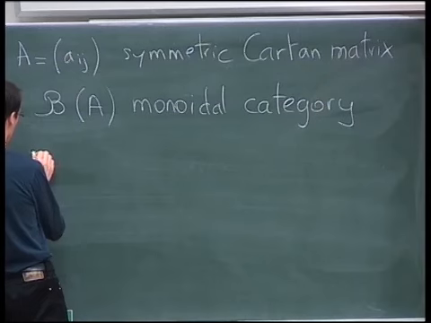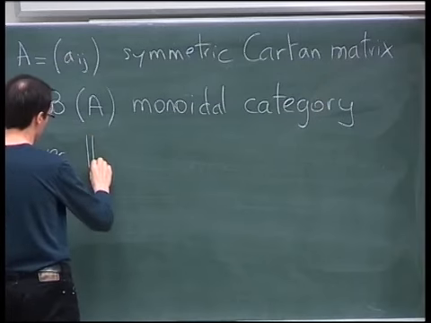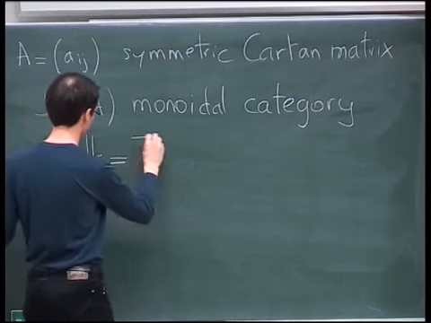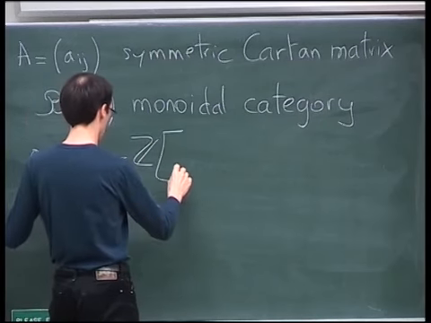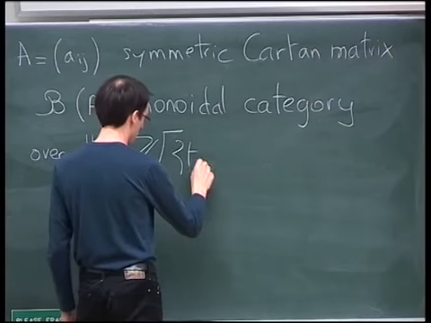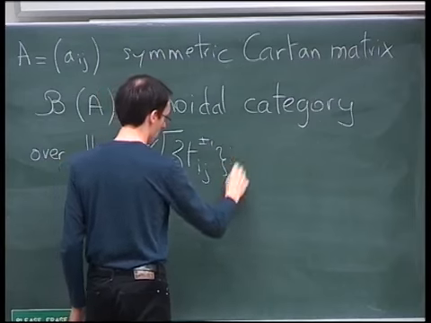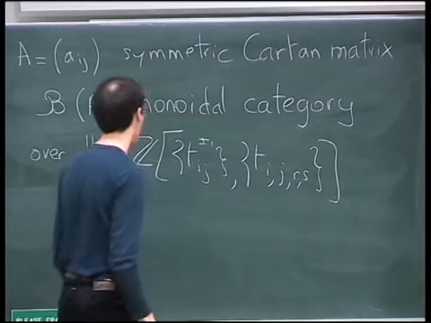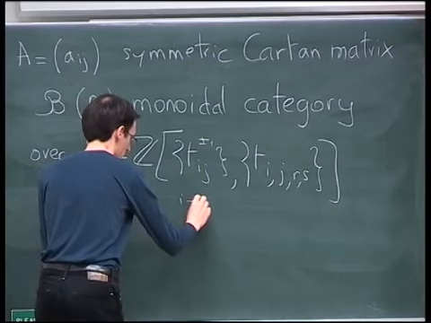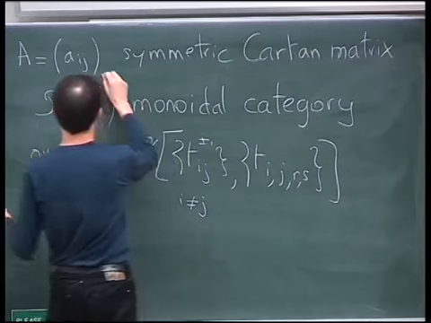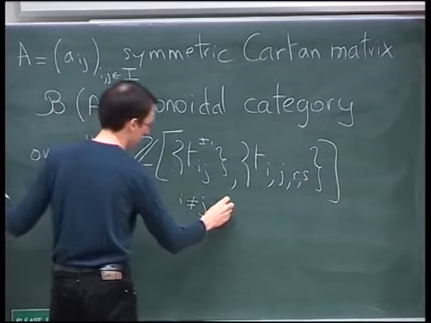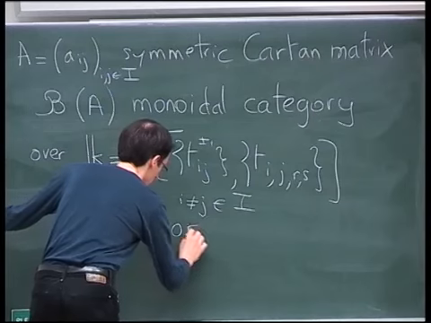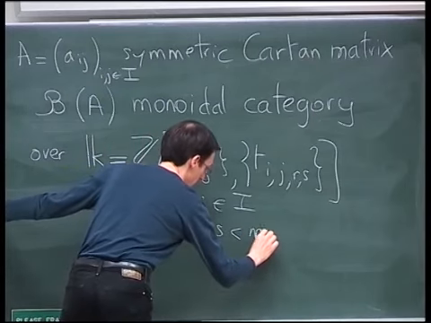So it's going to be a monoidal category over some commutative ring, which I call K, double bar. So it's a commutative ring with indeterminates t_ij and t_ij,rs, where i and j are distinct and have an indexing set I, and r and s are between 0 and m_ij.